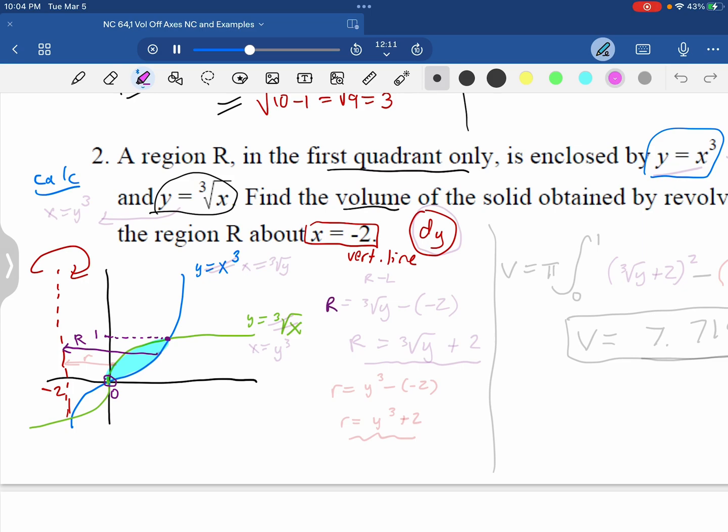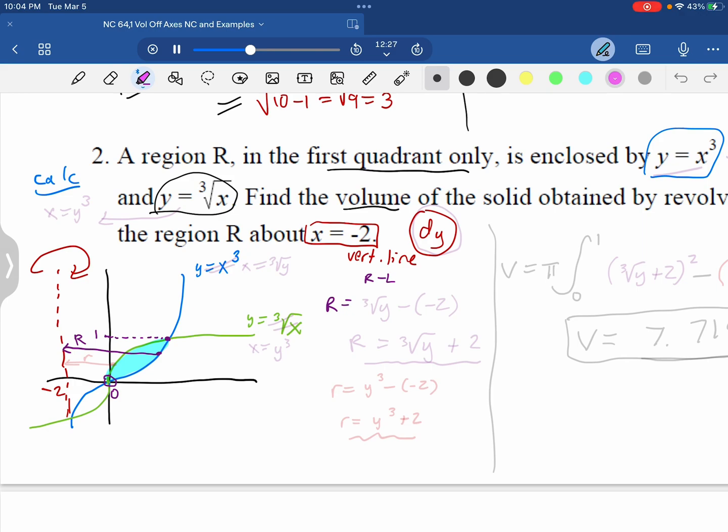So for my big R, because we're doing vertical, we're thinking right minus left instead of top minus bottom. So think about what is on the right side. The right side is going to be the actual graph. The left side is going to be the axis.